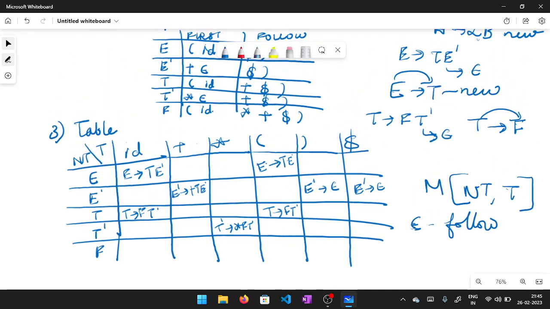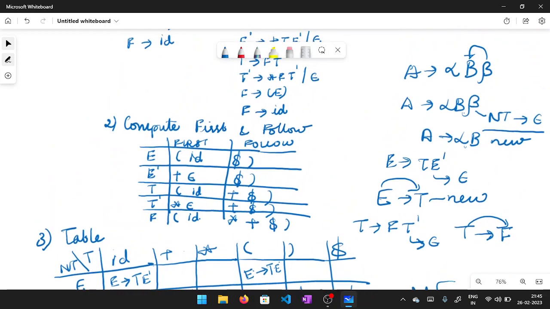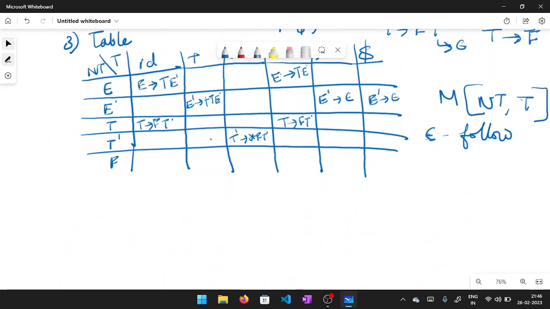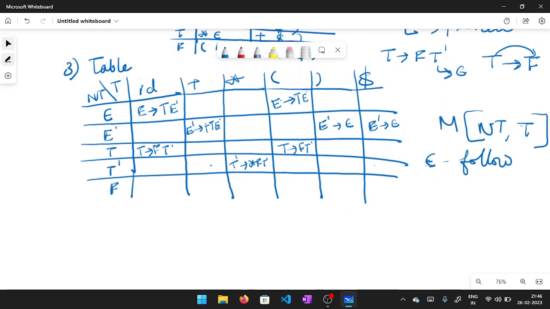Similarly, I have got epsilon in T dash, that is T dash tends to epsilon. So go to the follow of T dash: plus, dollar, closing bracket. In plus, dollar and closing bracket, I should write T dash tends to epsilon. Here also T dash tends to epsilon, here also T dash tends to epsilon.